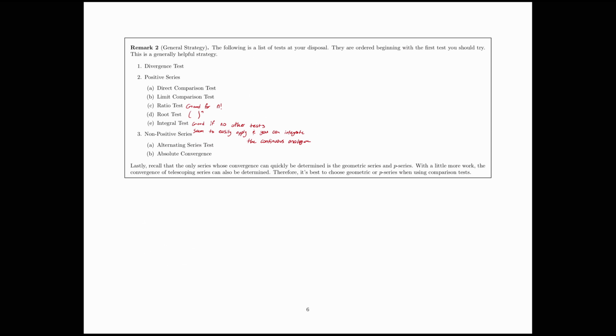So what I mean here is if I have the series n e to the negative n squared, then I can take this expression and think of it as x e to the negative x squared. And if I'm going from n equals 0 to infinity, can I integrate this? So yes, this is a u-sub, a fairly straightforward integral.